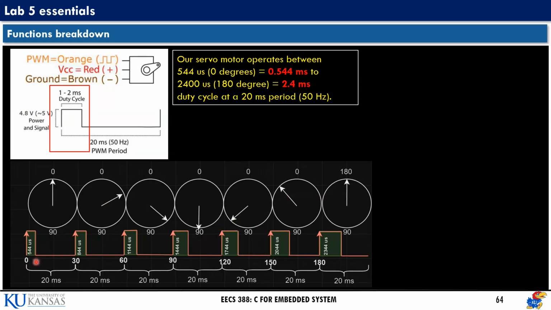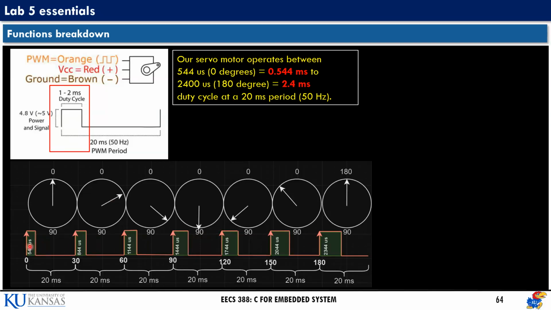As you see, at the very beginning we had a pulse width of 544 microseconds. Now we added 300 microseconds to our existing pulse width, and now the motor shifted to a 30-degree angle. If we add another 300 microseconds to our pulse width, the motor will go from 30 degrees to 60 degrees, and so on.